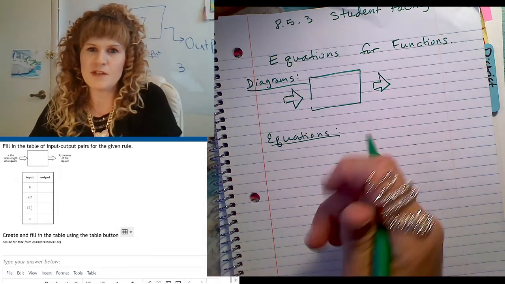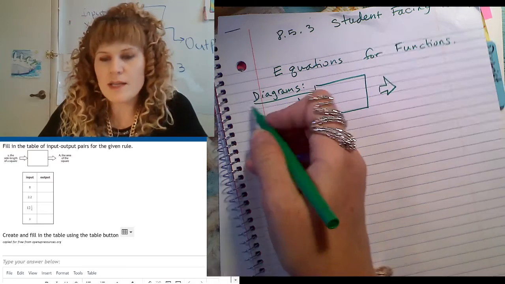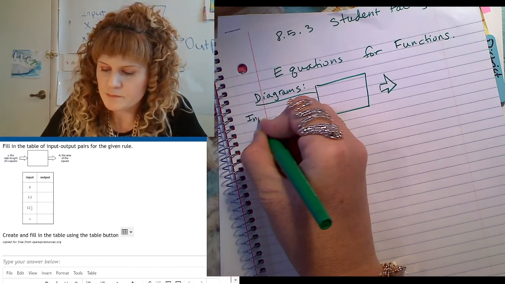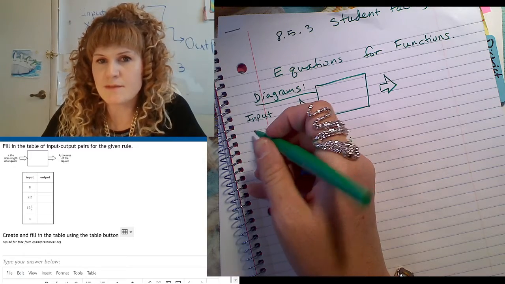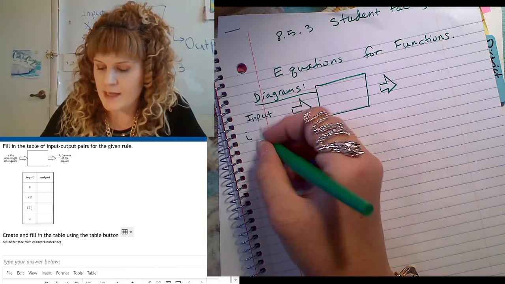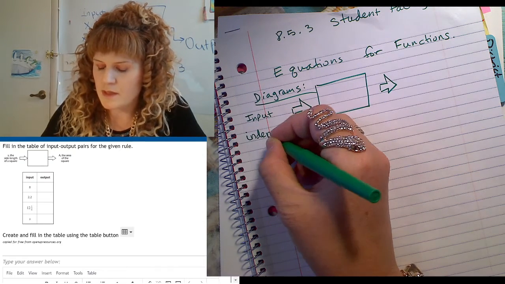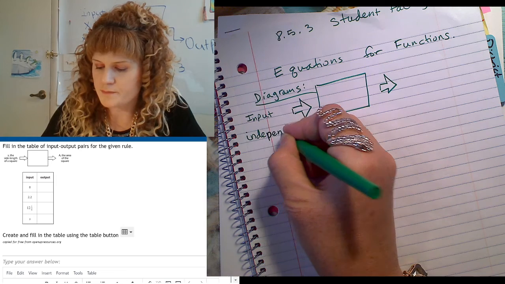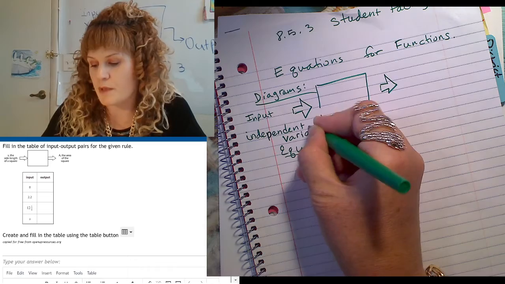Let me just give it to you in advance right now. In the diagram, our input is also called an independent variable. When our input is a variable, that is the independent variable. Go ahead and take the same notes as me in your notebook.